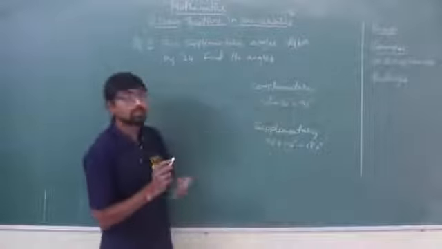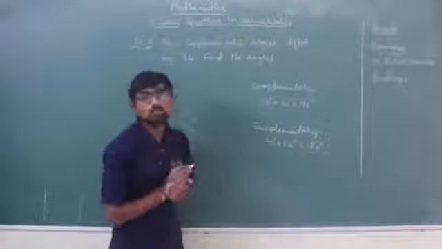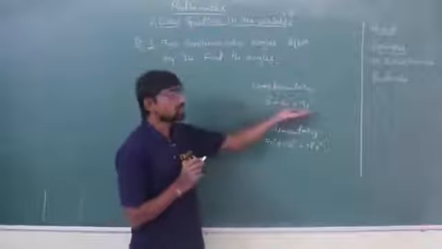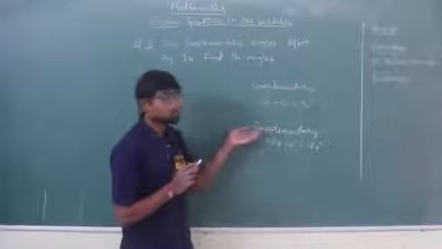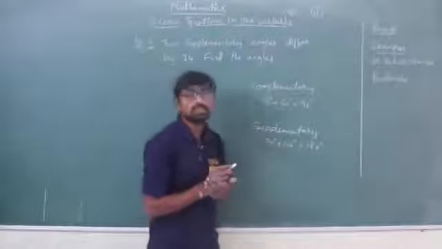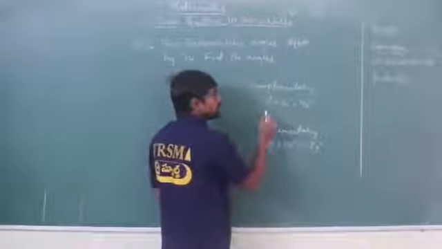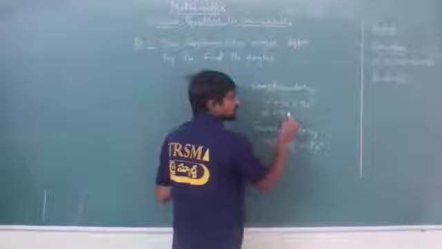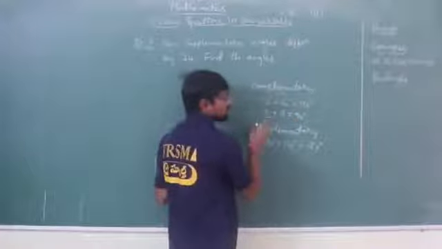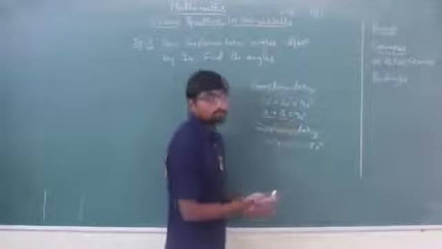The definition of complementary angles is that the sum of two angles is exactly 90 degrees, and in supplementary, the sum of two angles is exactly 180 degrees. So I can write the formula as A plus B equals 90 degrees. What is A here? The first angle. What is B? The second angle.